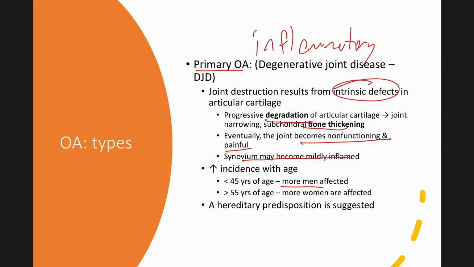Under 45, more men. Over 55, more women. Why do you think that is? Menopause, the estrogen. Estrogen helps with keeping your bone mass density up. And when you go through menopause, the estrogen drops, bone mineral density starts to drop as well. There may be some hereditary predisposition for osteoarthritis.